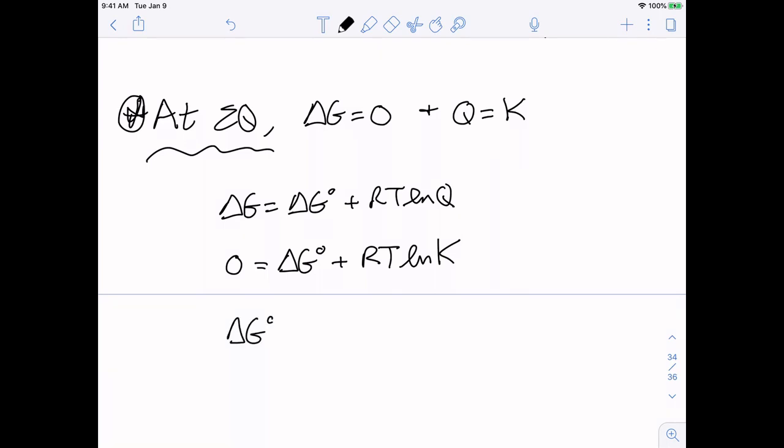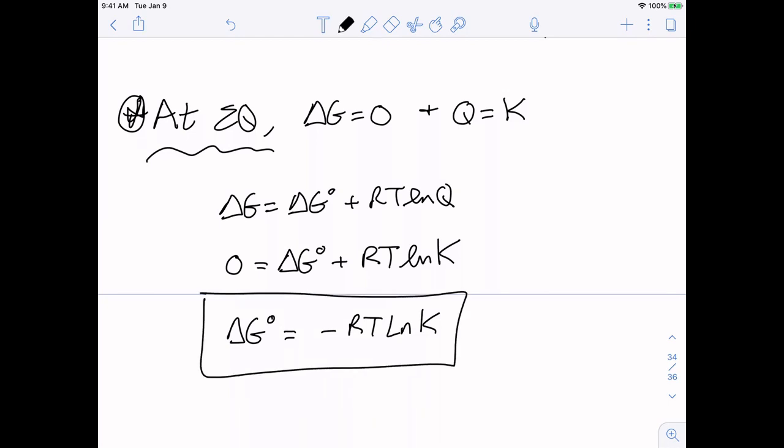So delta G naught is going to equal negative RT times the natural log of K. So we had said kind of at the beginning of this section that delta G, my non-standard state, relates to Q. Delta G naught, right, at standard state, it relates to K. So this is that equation. And it could be any version of K, Ka, Kb, Ksp, Kw, any of those.